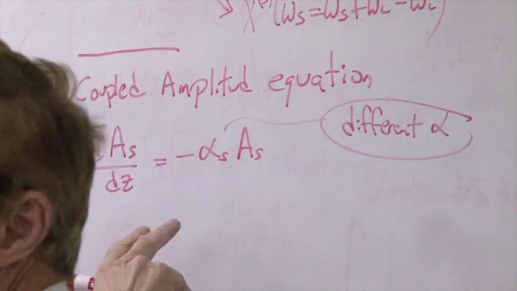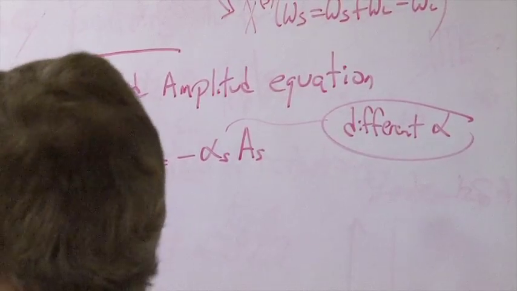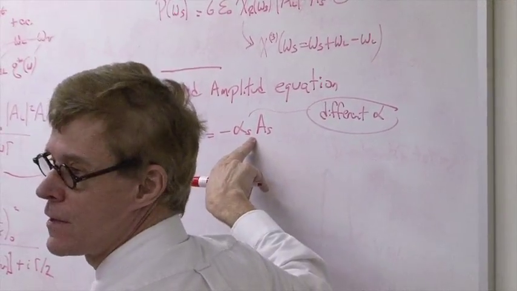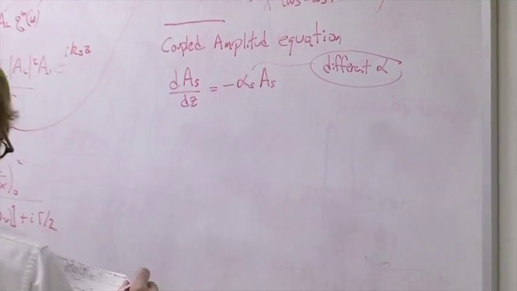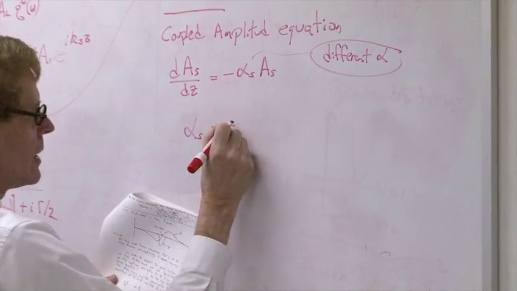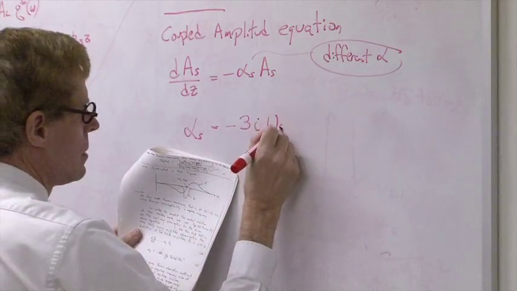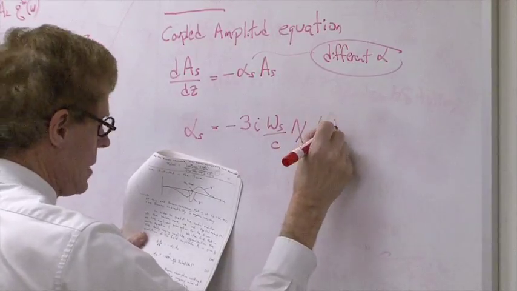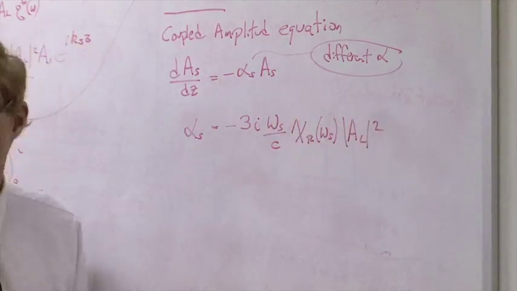My apologies, this is a different alpha. I'm using the same letter of the alphabet for polarizability as I am for an absorption coefficient. Well, this one has an S on it. I guess if you need a justification, that is the justification, where alpha S then is minus 3i omega S over c chi Raman at omega S A laser squared.